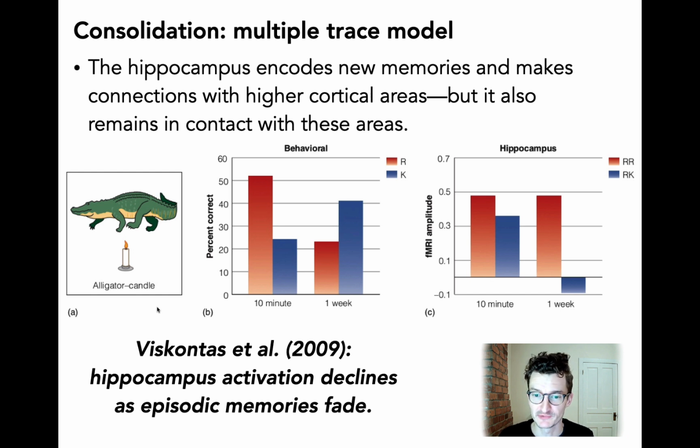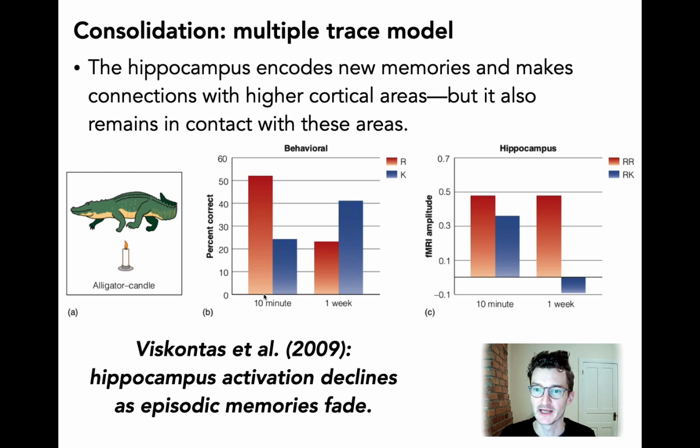And they were asked specifically, do you remember the episode that you associated with each item, right? Or do you just know that you saw the item? So this is the remember versus know procedure. And what they found was that, 10 minutes after learning, most people did remember this sort of fictitious episode that they had created, right?